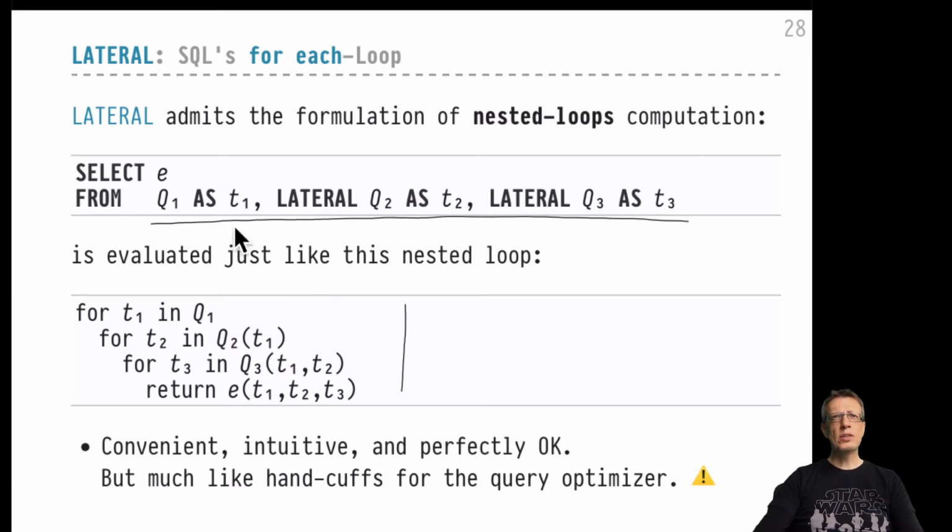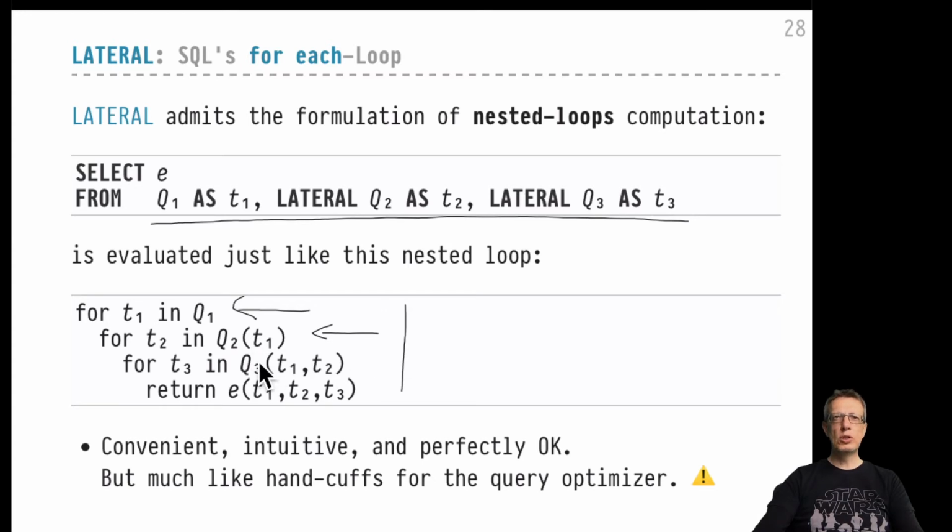So we would start our evaluation with the iteration over the result of Q1. The rows of Q1 would be bound to T1. This is indicated here. And then, this is really sequential, we would evaluate Q2, which can now refer to T1 and bind the result to T2, the T2 variables. And then, once T1 and T2 are bound, we could use them in Q3, evaluate this subquery.